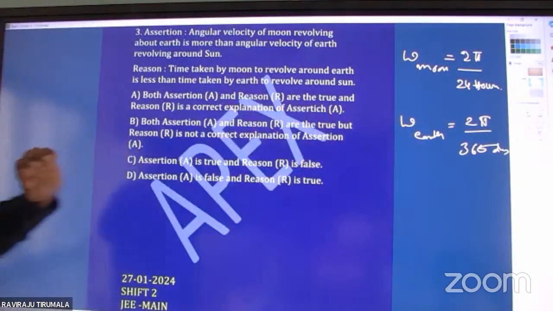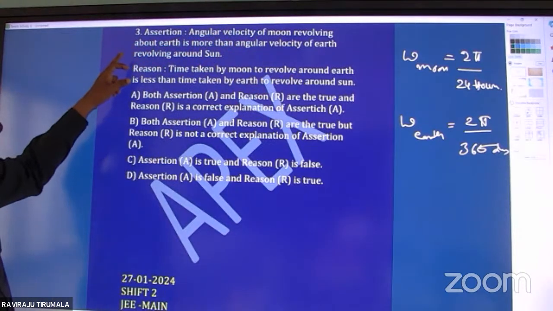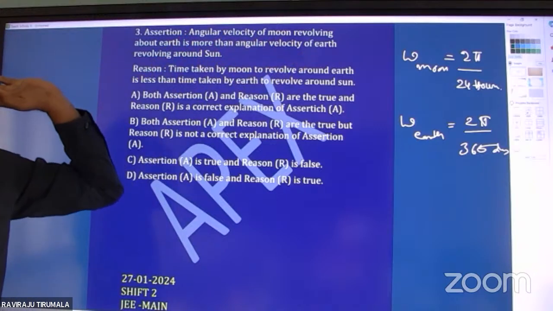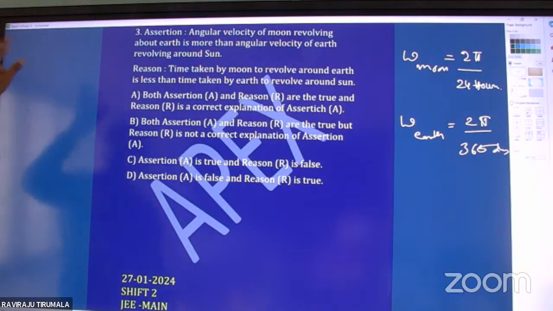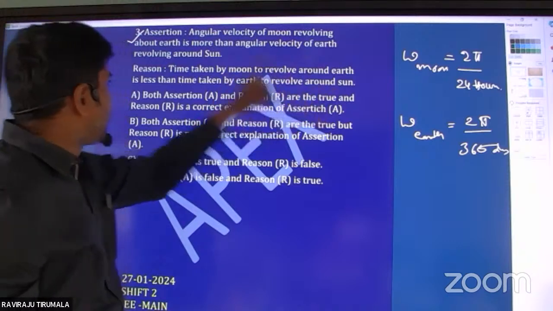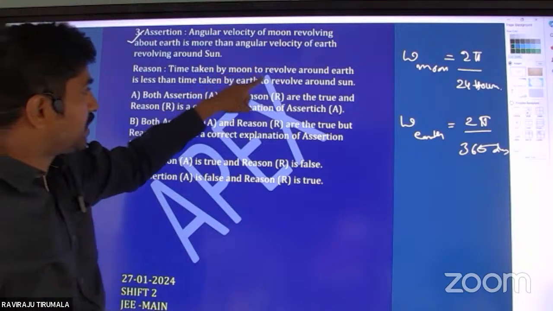What is given in the first sentence? Angular velocity of moon revolving about earth is more than that of earth. Correct or wrong? Correct only. The first statement, the assertion, is correct. What is the reason given? Time taken by the moon to revolve around the earth is less than time taken by the earth.